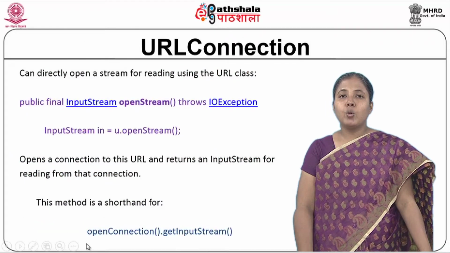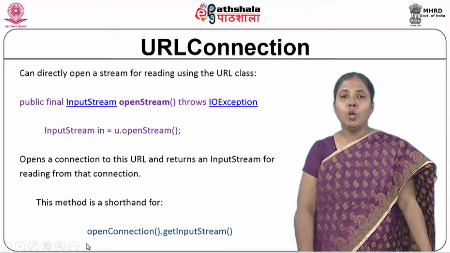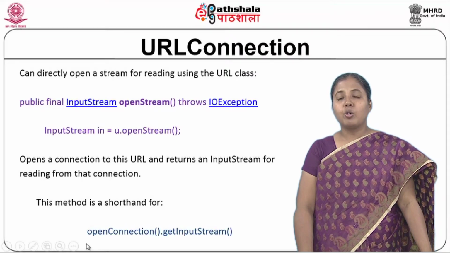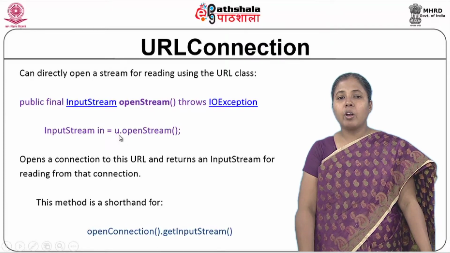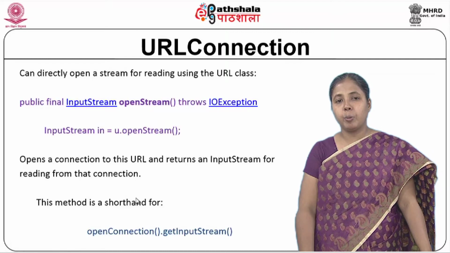Now, once you get a URLConnection object, you can directly open a stream for reading using the URL class. To open a stream, we use a method called openStream that returns an InputStream object. So, we know that urlObject.openStream would return an input stream. This opens a connection to the URL and returns an input stream for reading from that connection.